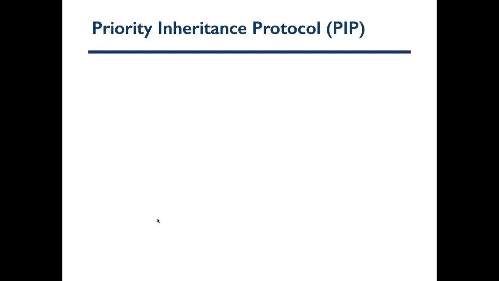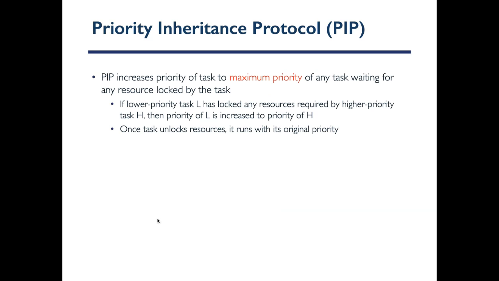Now, how do we fix it? One way to fix it is, well, we need to work on our synchronization implementation. We need to have some protocol that helps us avoid priority inversion. One way to do it is by using the priority inheritance protocol. So this one is very simple.